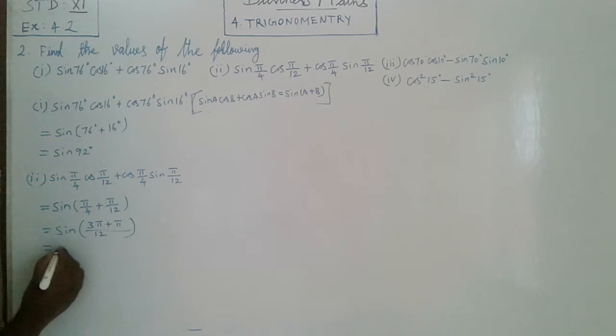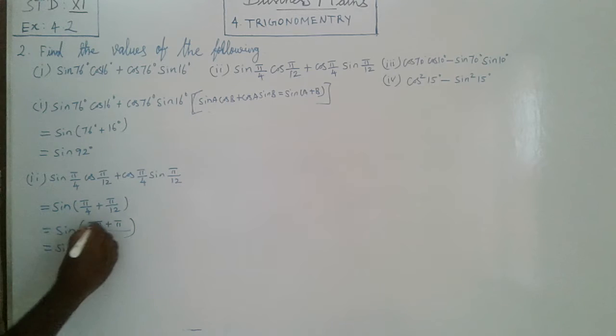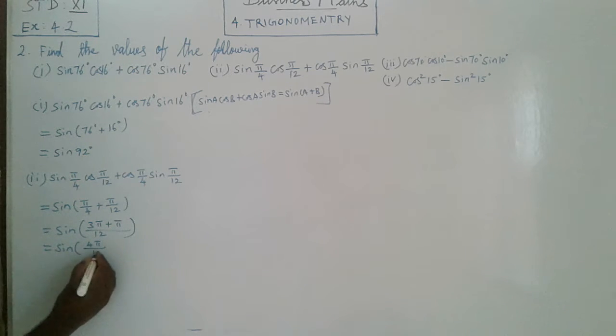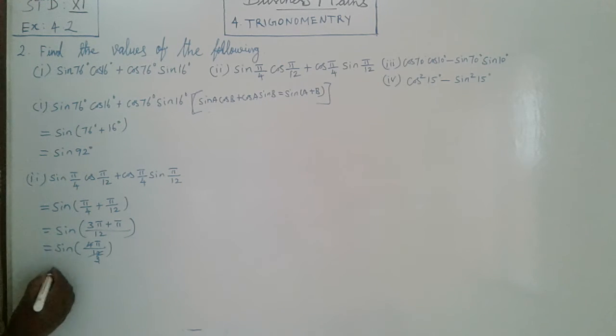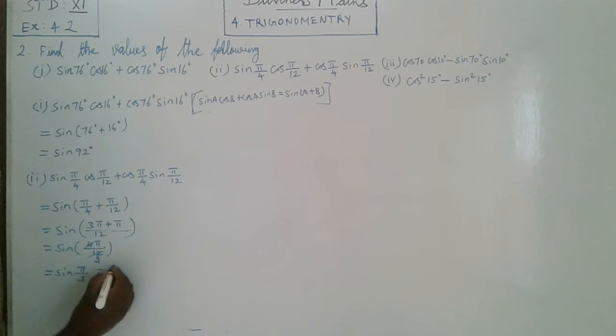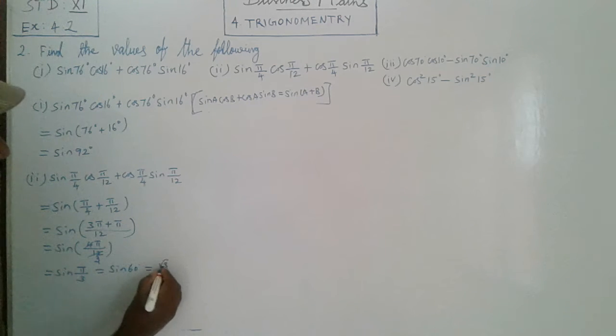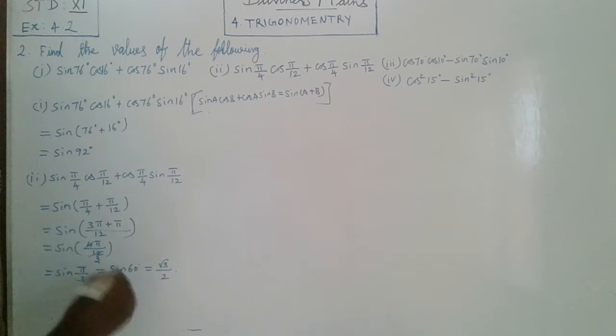So that is equal to sin 3 pi plus pi is 4 pi divided by 12. 4 and 12 cancel, 3 times, sin pi by 3. Sin pi by 3 value, we know that sin 60 degree value is root 3 divided by 2. That's all.